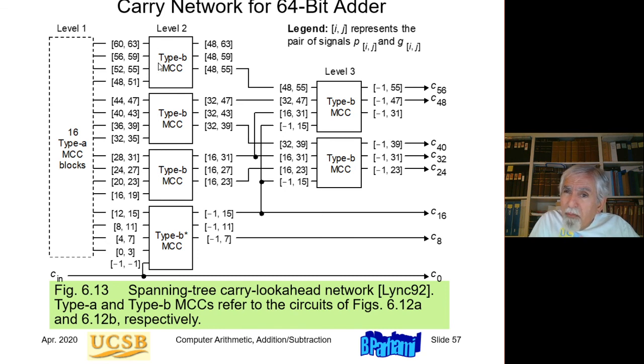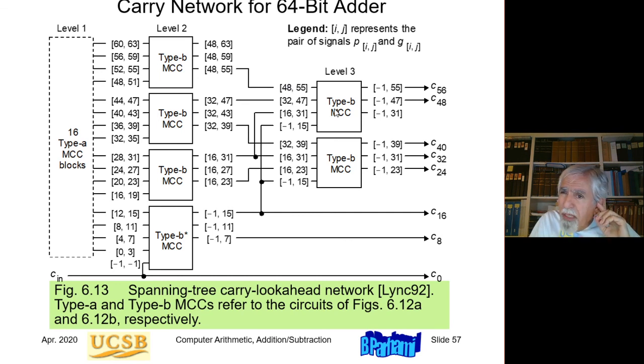Now here I have a type B Manchester carry chain that takes P and G for block 48 to 51, block 52 to 55, block 56 to 59. These are adjacent blocks, touching blocks, 60 to 63. And it gives me P and G for the total block 48 to 63, but also intermediate ones, 48 to 59 and 48 to 55. Those two are not used, but this one is used here, 48 to 55.